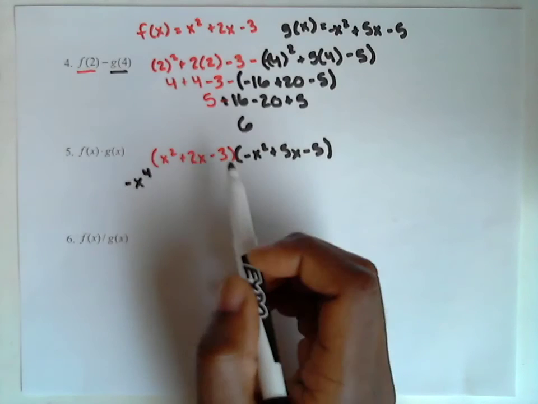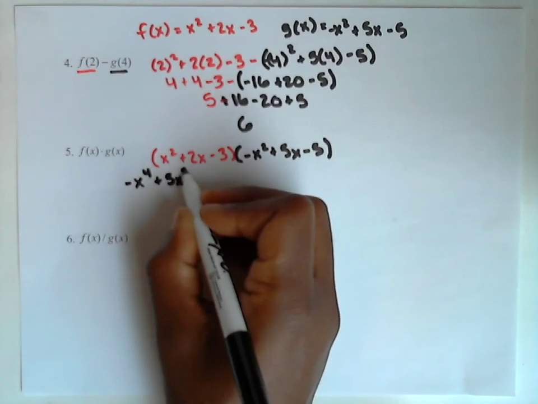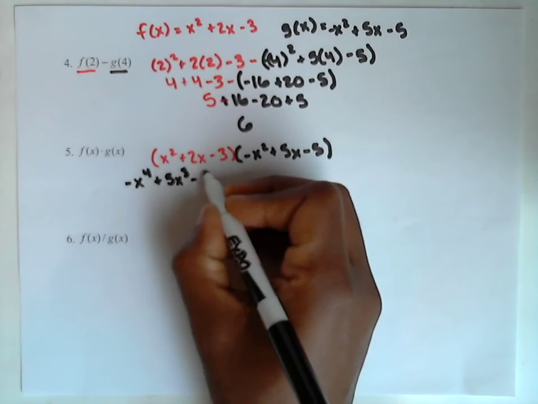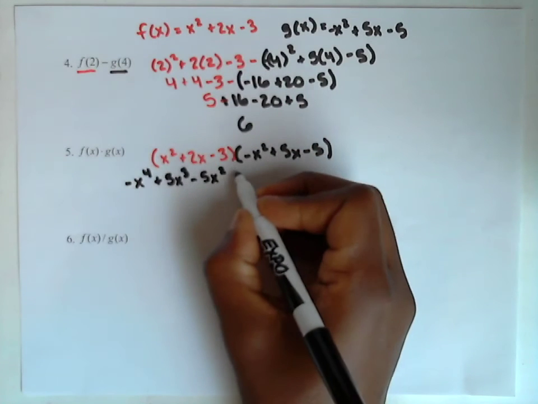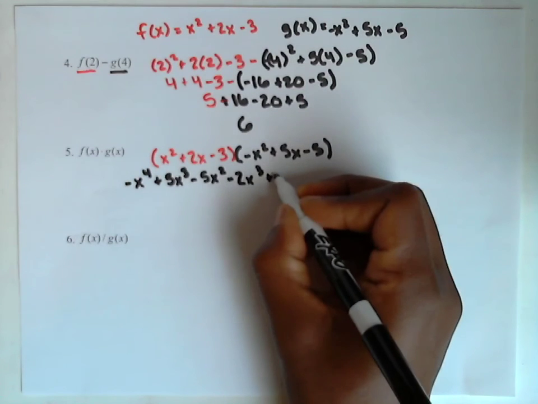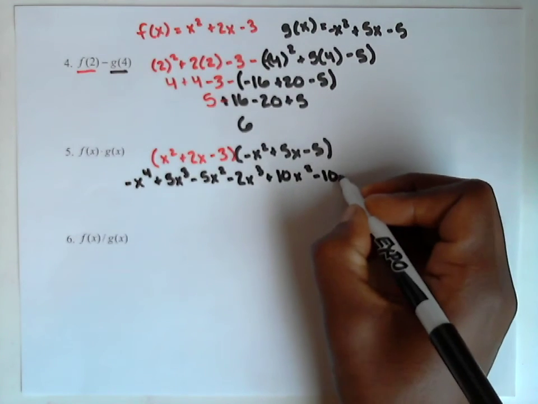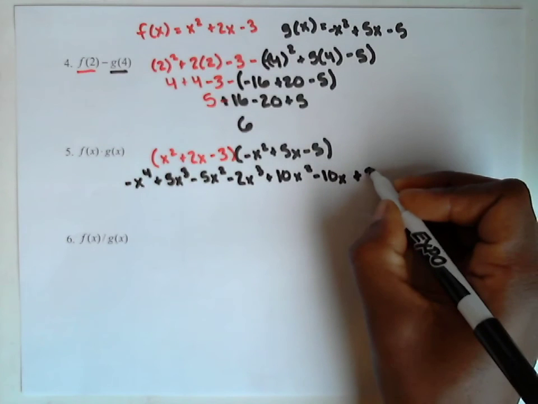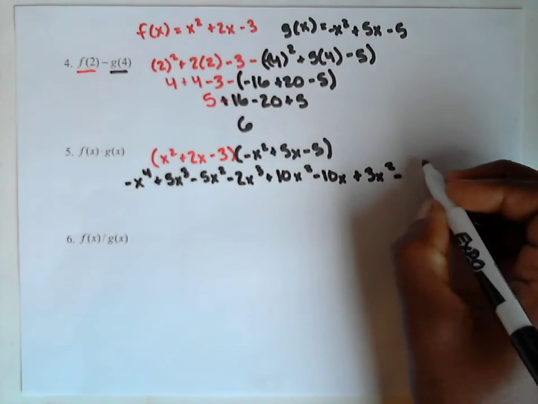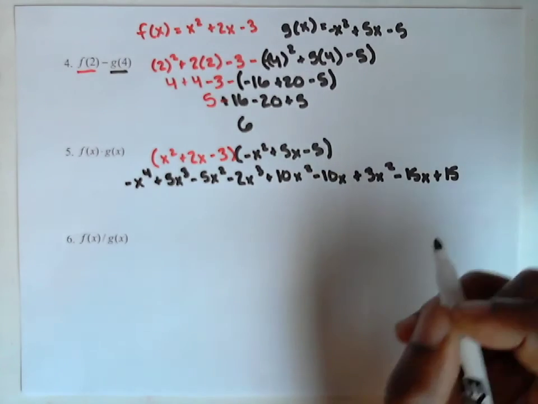Now if I go down my line, I'm going to get plus 5x cubed. I'm going to have a minus 5x squared, minus 2x cubed, plus 10x squared minus 10x plus 3x squared minus 15x plus 15.